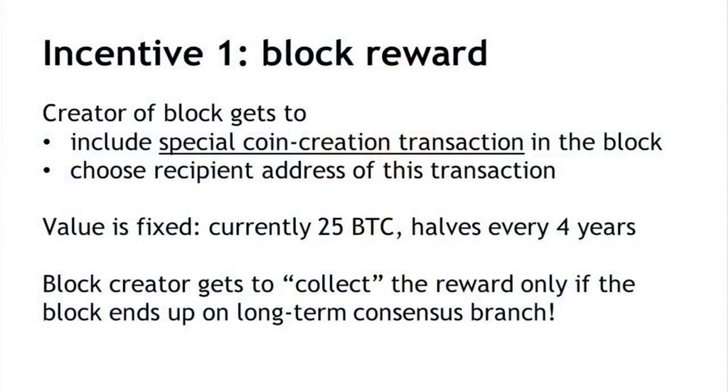It's just like every other transaction. It's only valid if it ends up on the consensus chain. So that's the incentive mechanism here. It's very subtle, but it's a very neat trick. And so it incentivizes nodes to behave honestly, or at the very minimum, it incentivizes nodes to behave in a way that they think other nodes are going to agree with in creating the next blocks of the blockchain. So that's the first incentive mechanism.